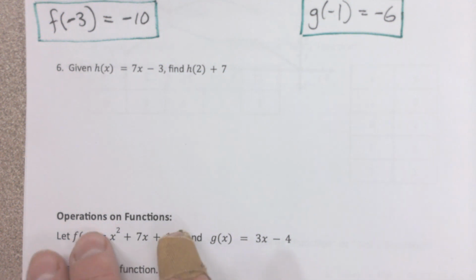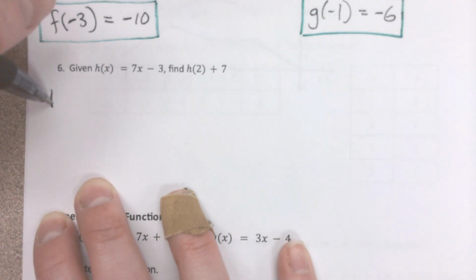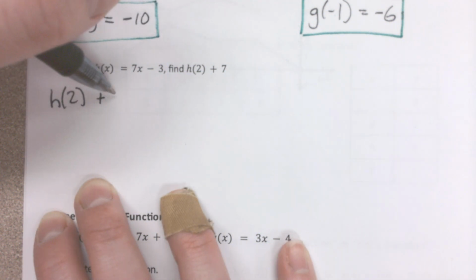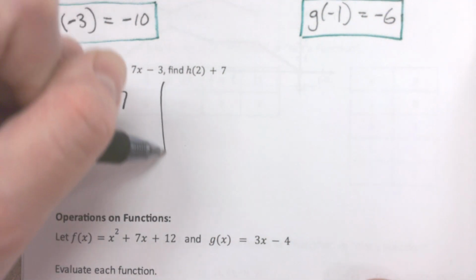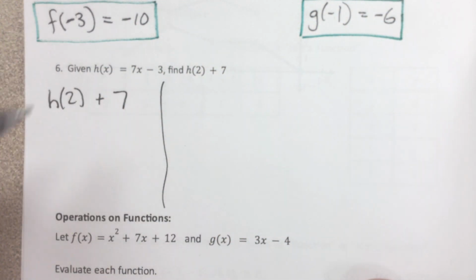So we are looking for h of 2 plus 7. This is kind of like my answer area, if you will. It's just a visual reminder of what I need to do to finish the problem so that I don't fall into that trap of finishing the problem too early.